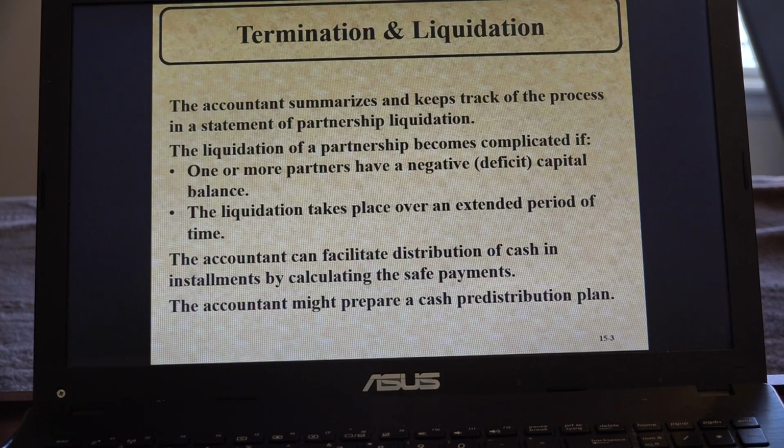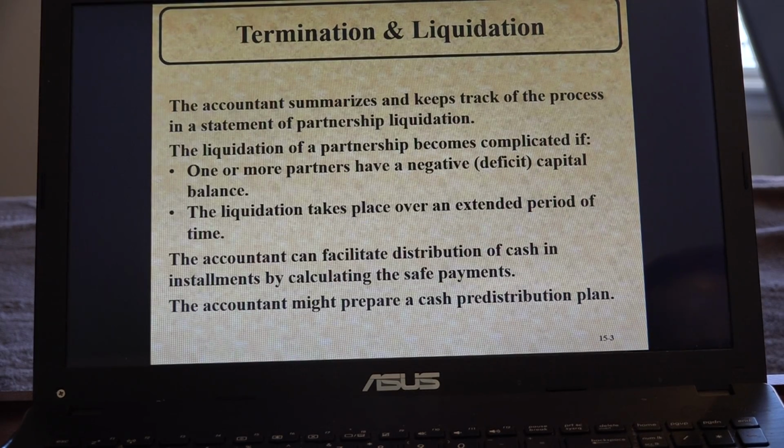And the good thing to do, especially if this is going to occur over time, is to create a cash pre-distribution plan as well as a statement of partnership liquidation.